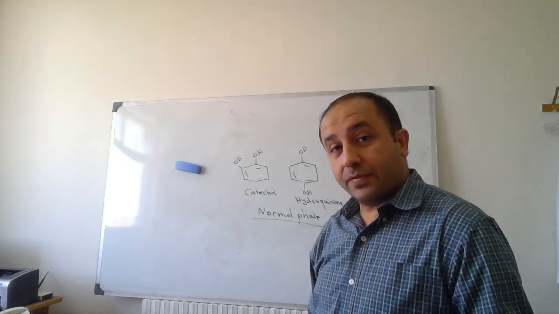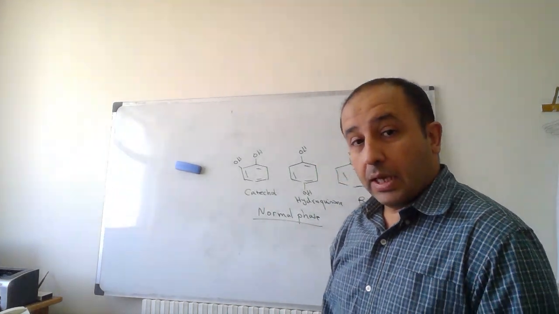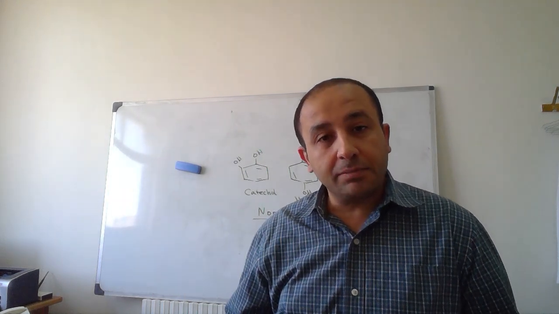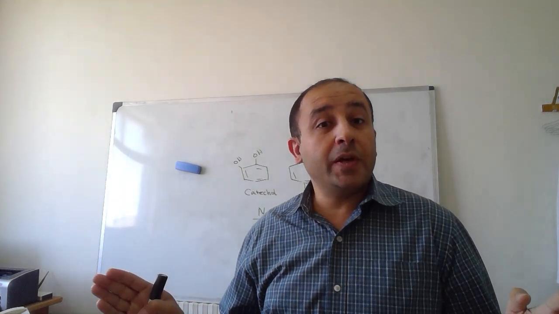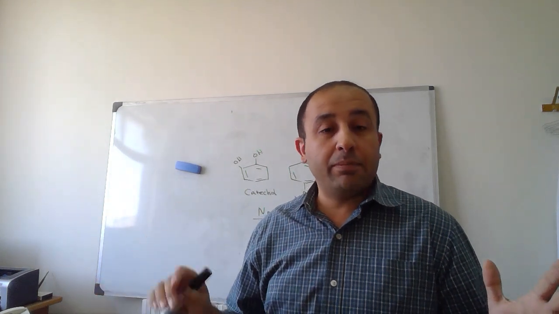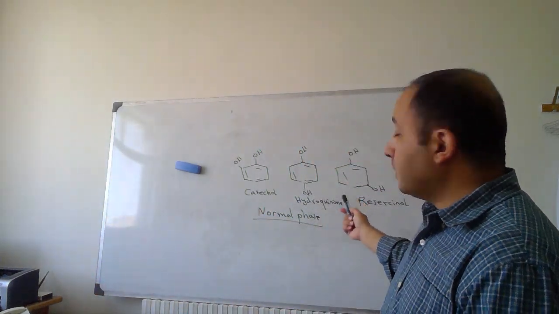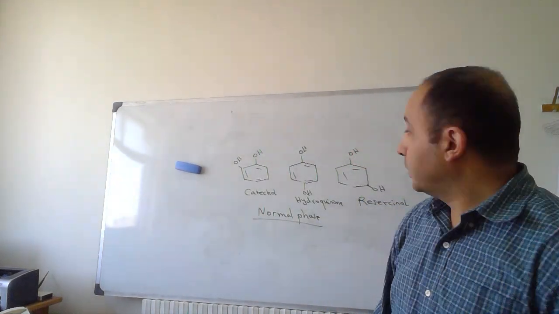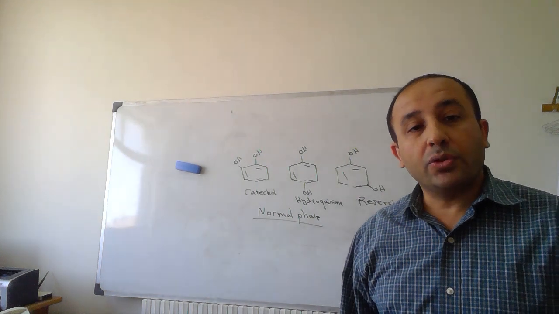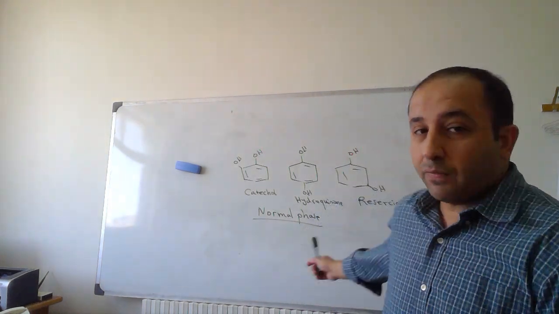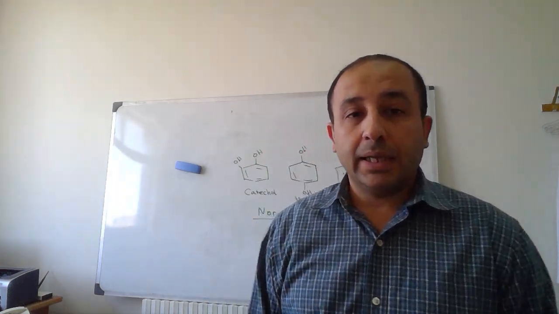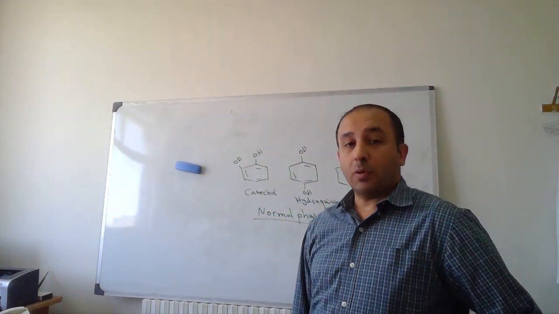To have a size exclusion contribution, we need a substantial difference between the entities in terms of molecular weight. For example, if we are talking of phenol, the other one should be, for example, a protein, or should have at least 3 or 5 times the molecular weight of phenol in order to be easily differentiated in size exclusion chromatography.